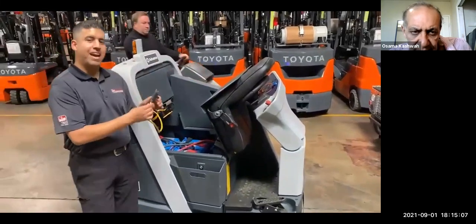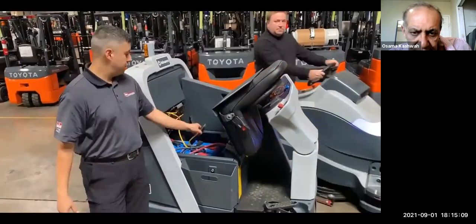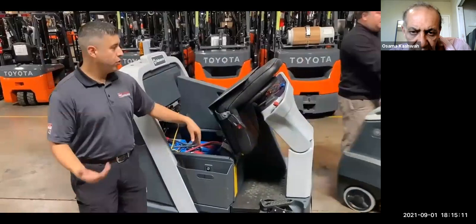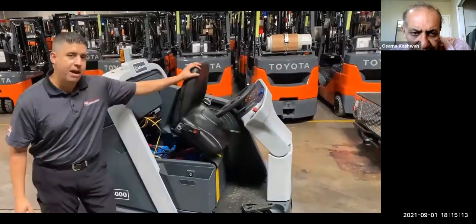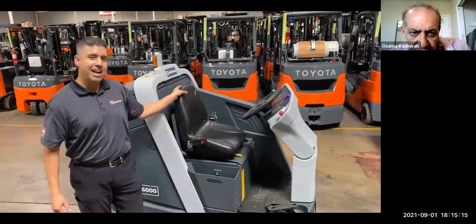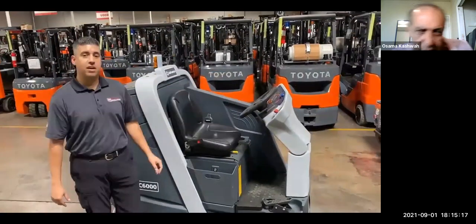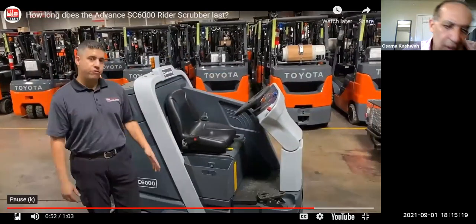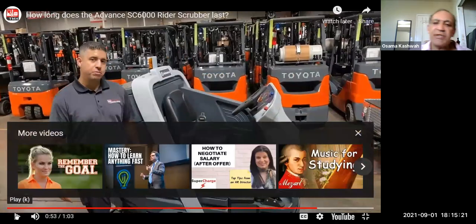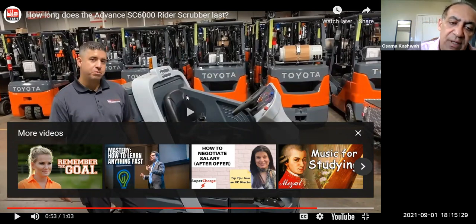It'll take about 8 hours to fully charge. Once it's fully charged, with this particular machine, it's got AGM batteries. You could clean about 94,000 square feet per hour. For more information, please contact us on our website, tmhnc.com.